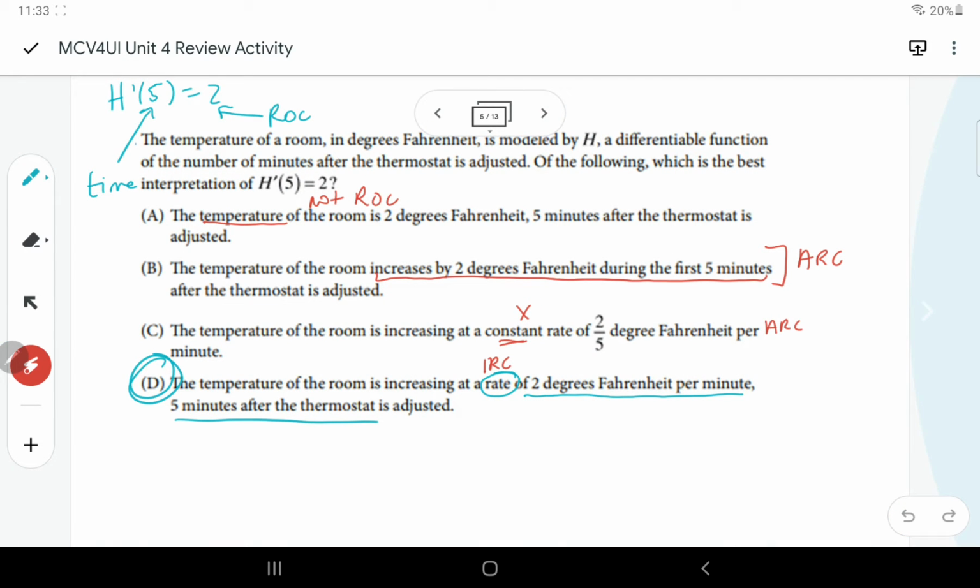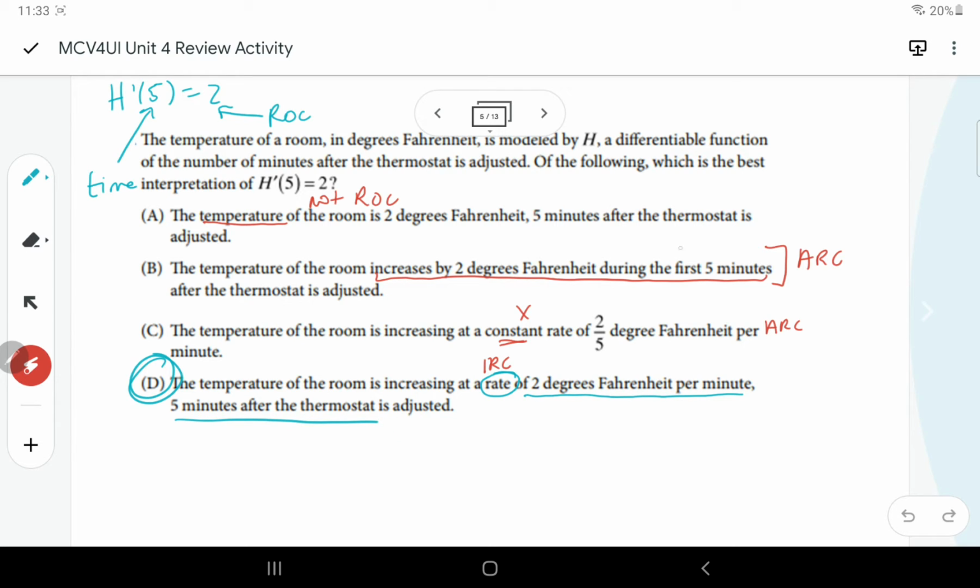You don't need to include that because it just could be a 0 to start. For this one, hopefully you can identify that we're looking at the rate of change of the function when t equals 5 is 2. So we're looking for a rate of change of 2 at a time of 5, and that's D. The temperature of the room is increasing at a rate, so that's IRC, of 2 degrees per minute, 5 minutes after it was adjusted.